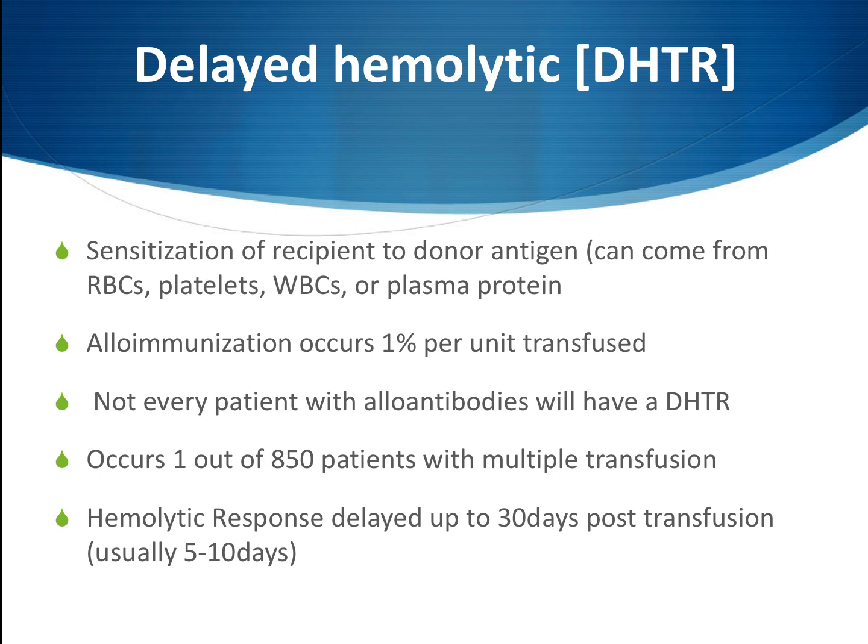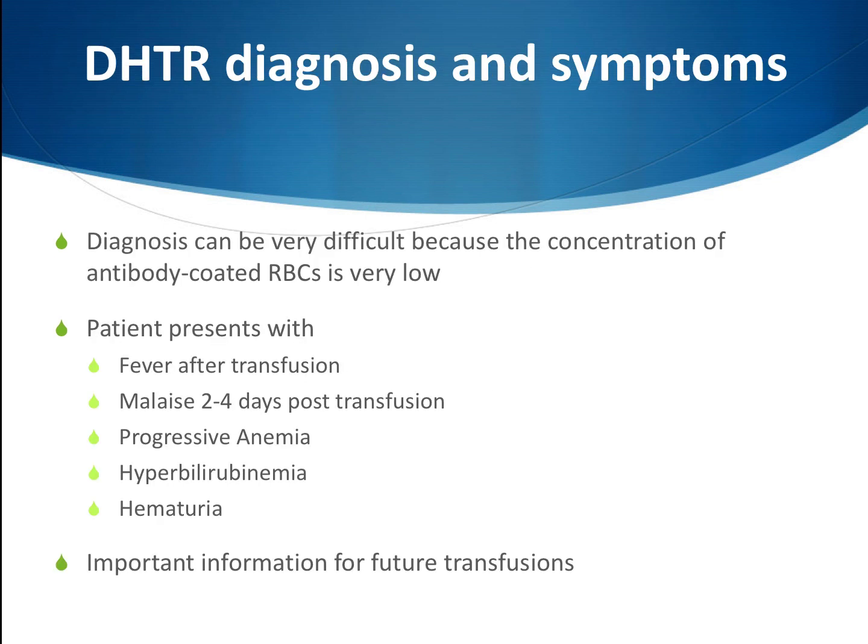It can show up until 30 days post-transfusion. This patient has an unexplained icterus, like jaundice. Okay, what's going on? That's where you have your direct and your indirect bilirubin, and when it indicates that it's hemolysis, that's when you have to think about it. This may be a delayed hemolytic transfusion reaction.